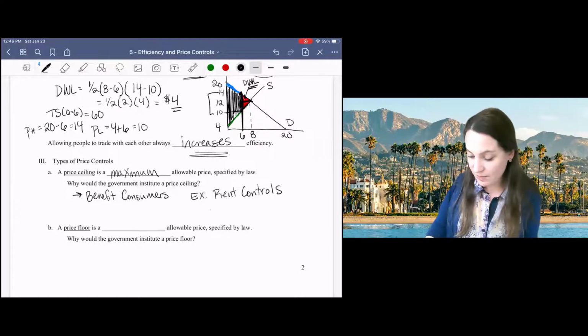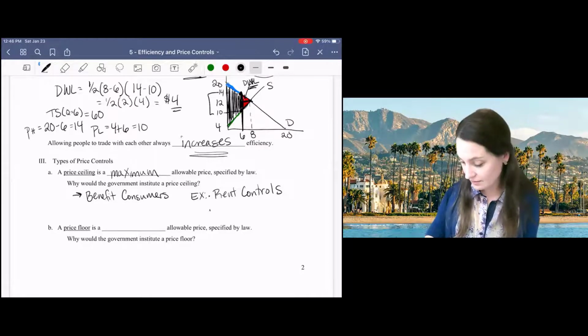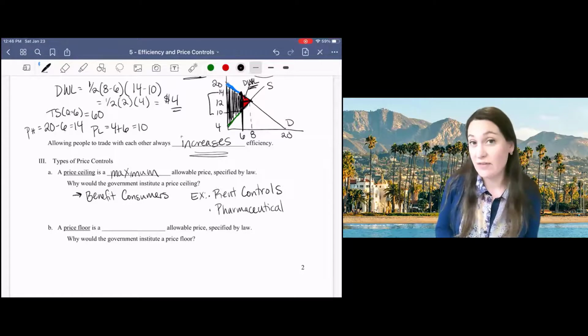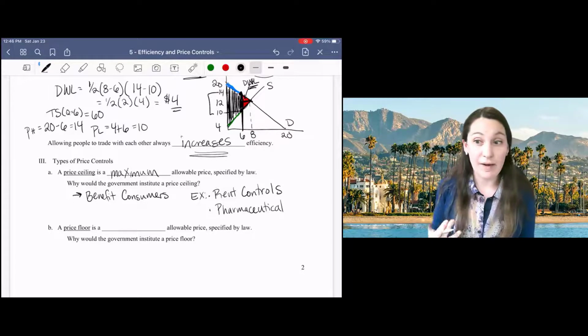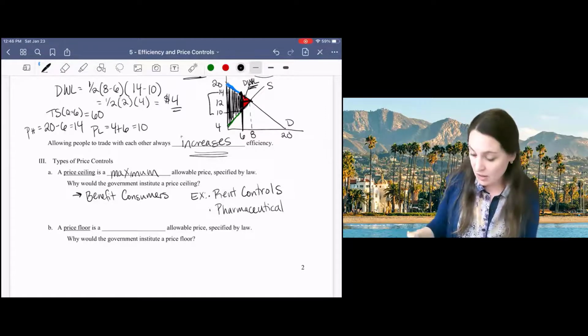And we might also talk about capping pharmaceutical drug prices. Notice that what these goods have in common is that they're necessities, which means that demand for them is very inelastic, and they're things that we feel people might have the right to have, like housing, food, and medication.